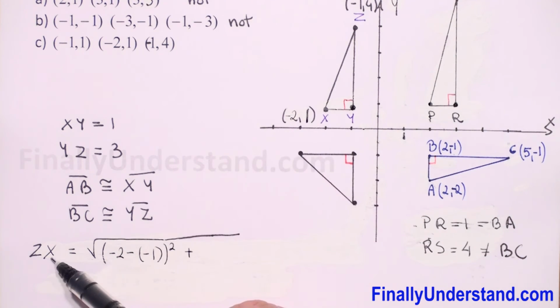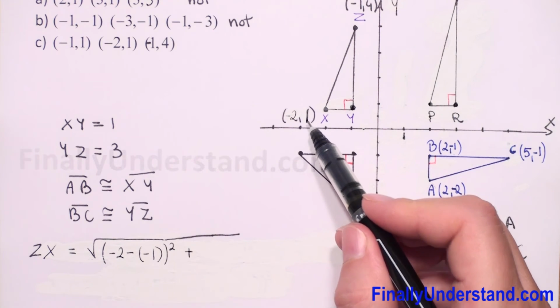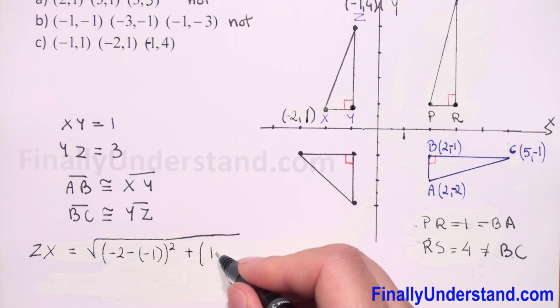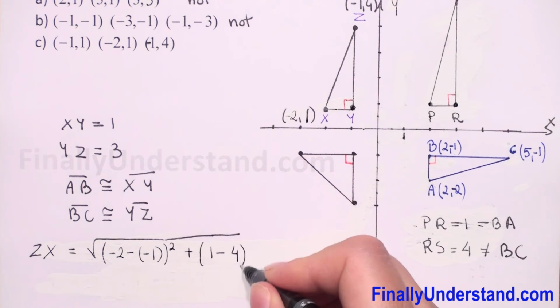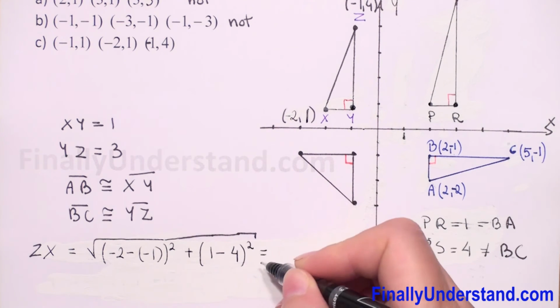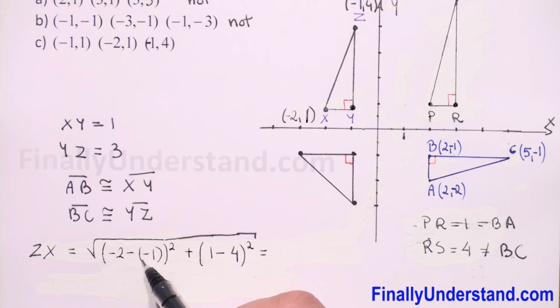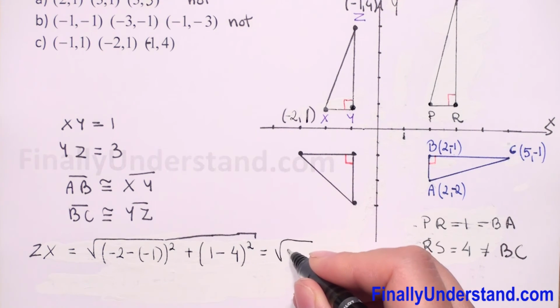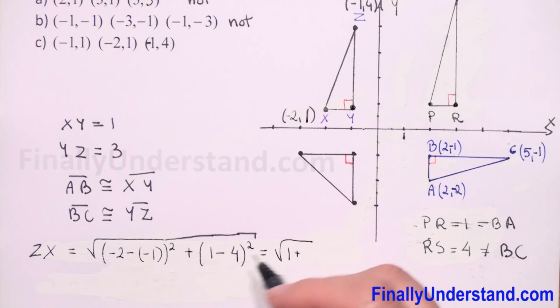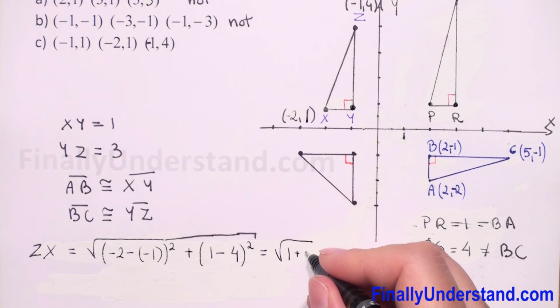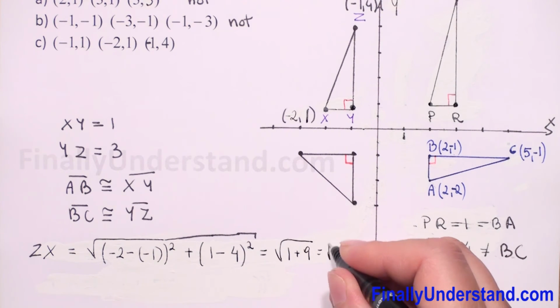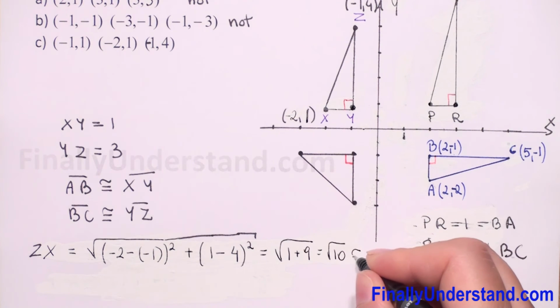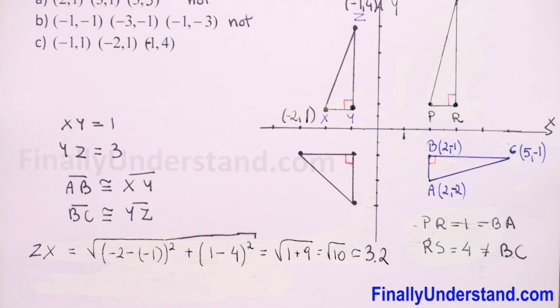We have X is last, so we have to keep the order, 1 minus 4 to the second power. Negative and negative give me positive. Negative 2 plus 1, so it's negative 1 to the second power is 1, and plus negative 3 to the second power is 9, so this is equal to the square root of 10, approximately 3.2.